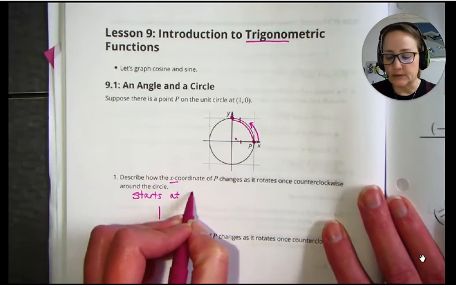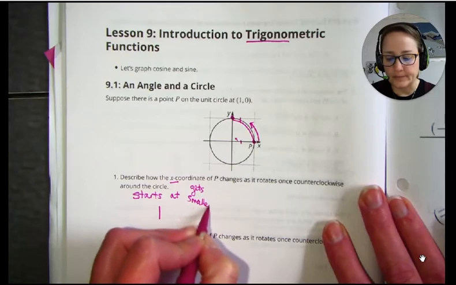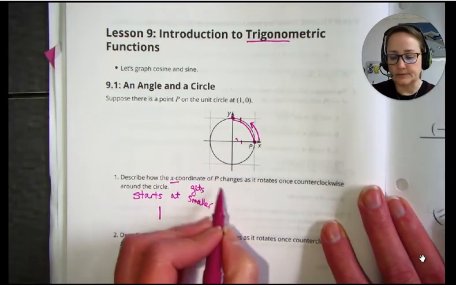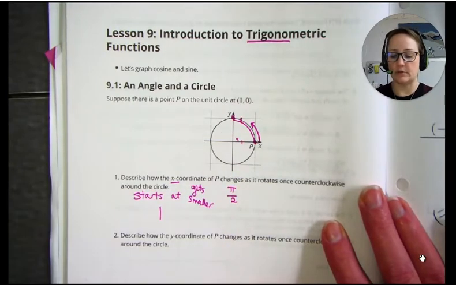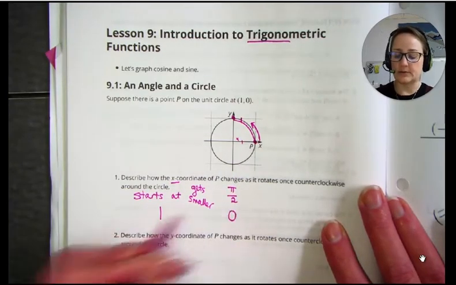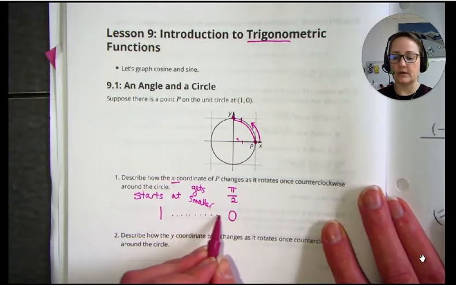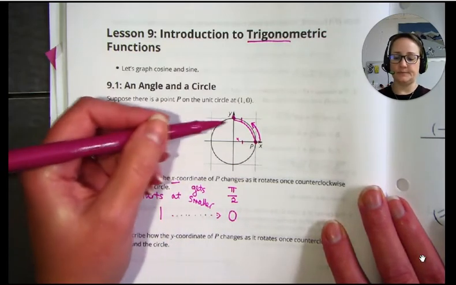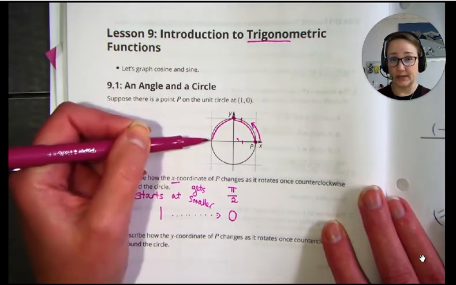So it gets smaller until at pi over 2, straight up on the unit circle, it is at 0, right? So it gets smaller as it's going from here to there. And then it gets even smaller because it's going negative.